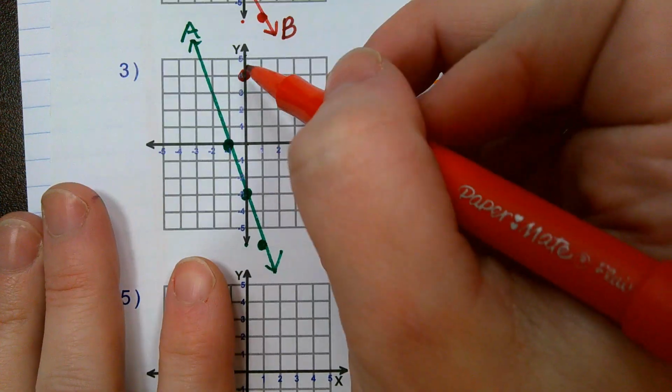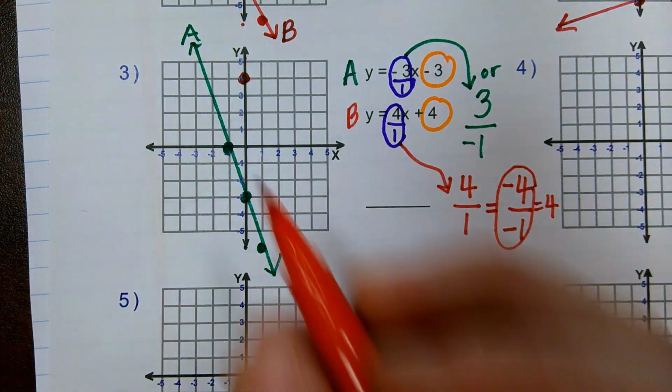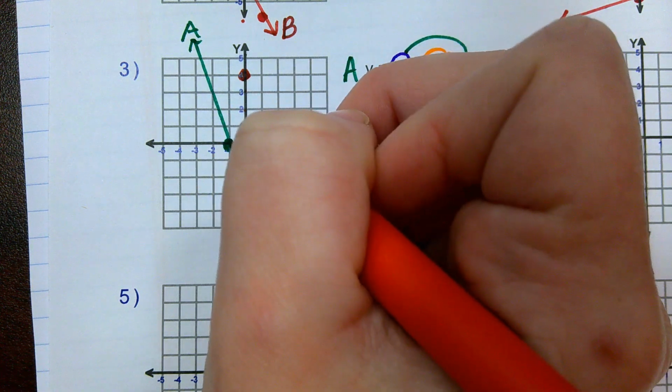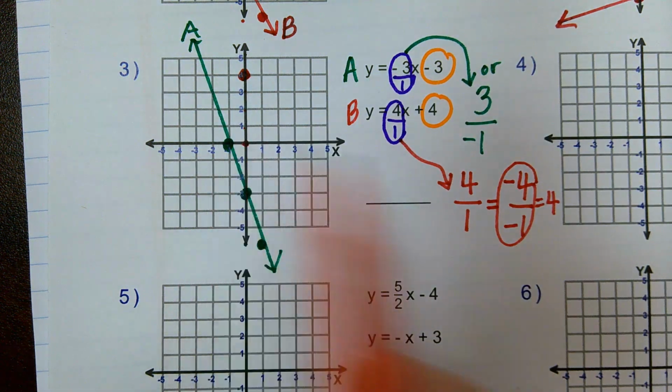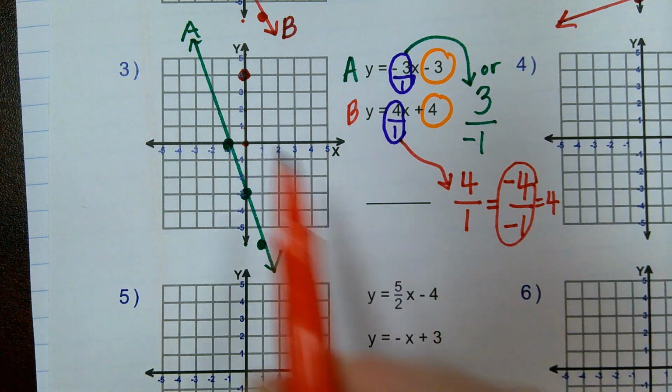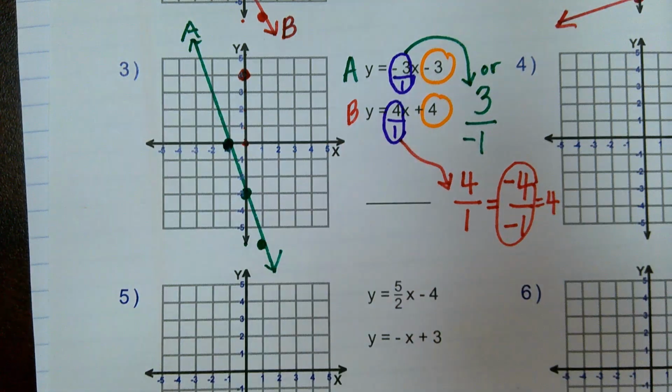So instead of going up 4, let's go down 4. 1, 2, 3, 4. And when I go over 1, do I go to the right or the left? Left, since it's negative now. And look at that, we land right on there.